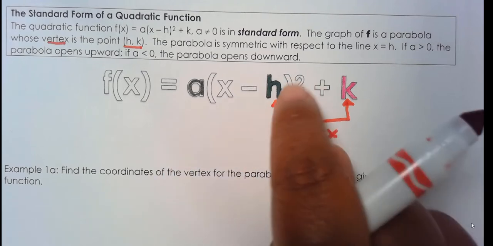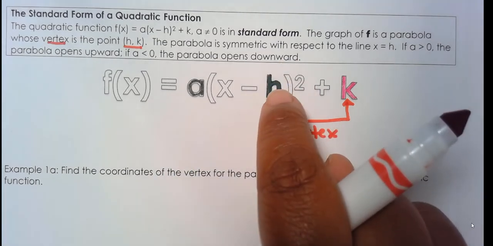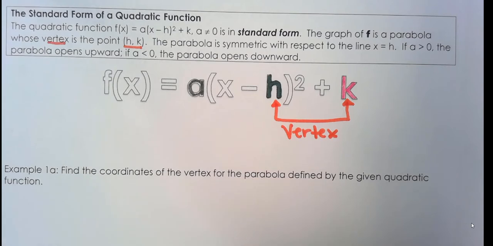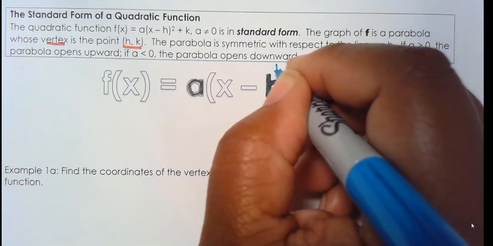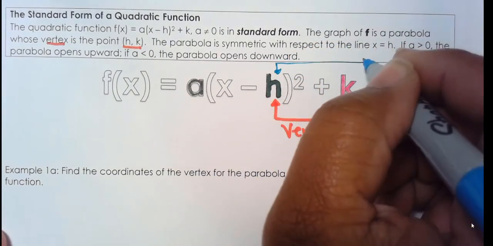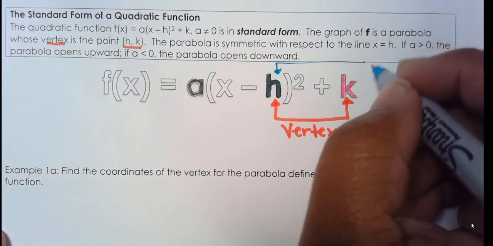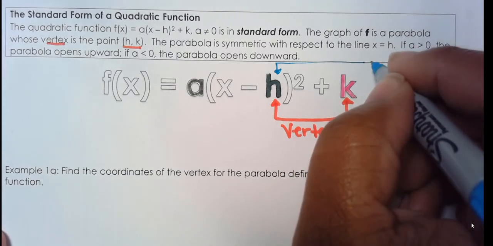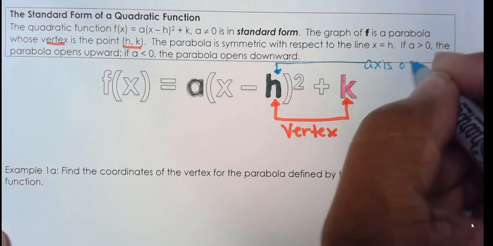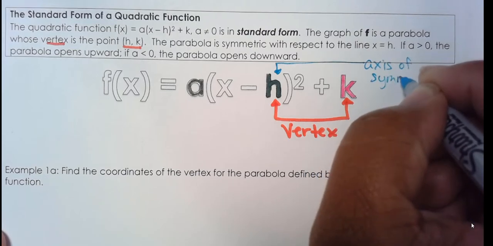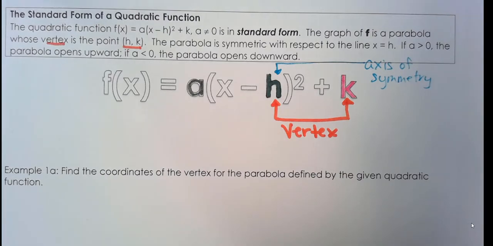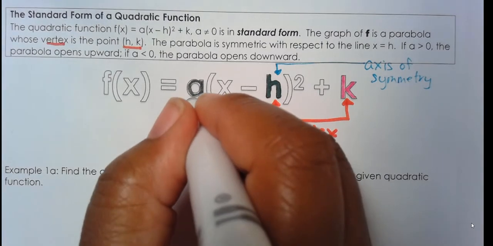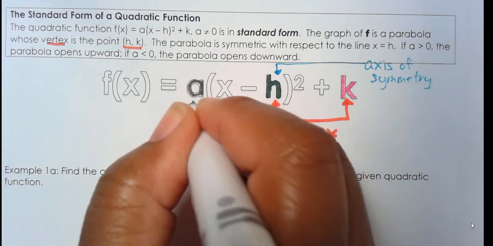And then our h itself, once we identify h, that can also be the axis of symmetry, and we're going to write that out as an equation as a vertical line. And then our a determines if this parabola opens upward or downward.